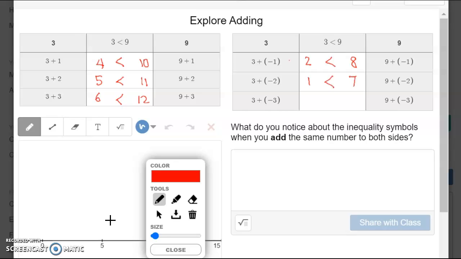Which is the bigger number? 7. 3 plus negative 3 is like subtracting 3, so that becomes 0. 9 plus negative 3 is like just subtracting 3 from 9, so that is 6, and the bigger number again is 6. So when we add the same number to both sides of the inequality, the inequality symbol got preserved. It stayed opening to the right all the way.